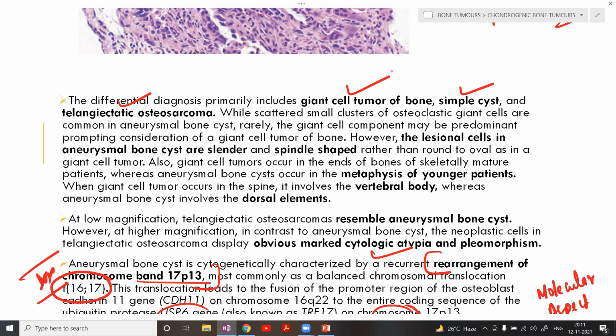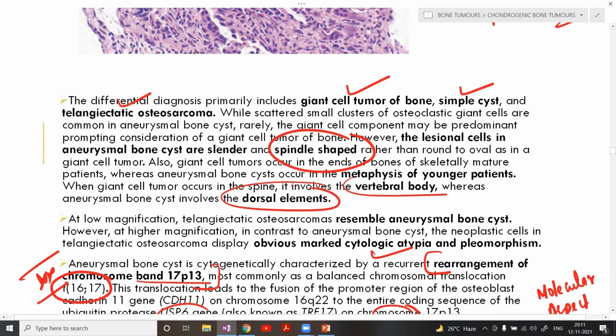Both of them contain giant cells, but ABC contains multiple cystic hemorrhagic areas, as I showed. The giant cells are more uniformly spread out in GCT, whereas it is irregular in the other. The stroma is round and mononuclear in GCT, whereas the stroma is spindle shaped in ABC. Even in the vertebra, remember, GCT involves the vertebral body, whereas ABC involves the dorsal elements of the vertebra.